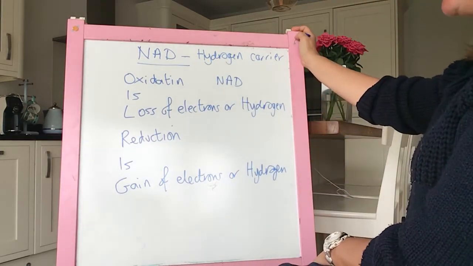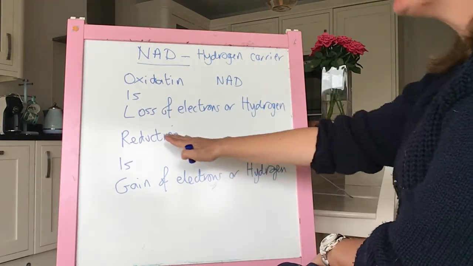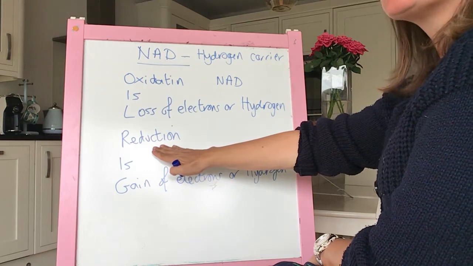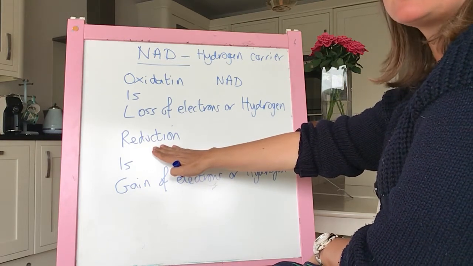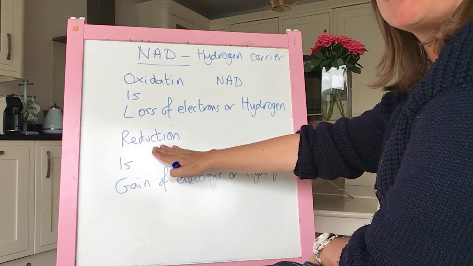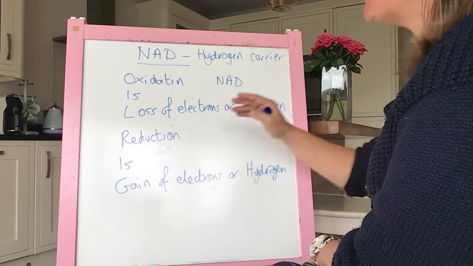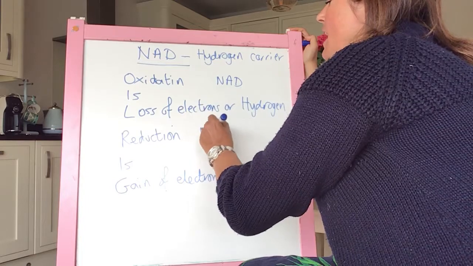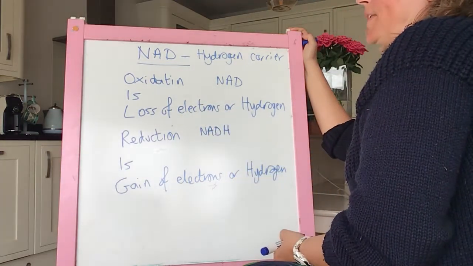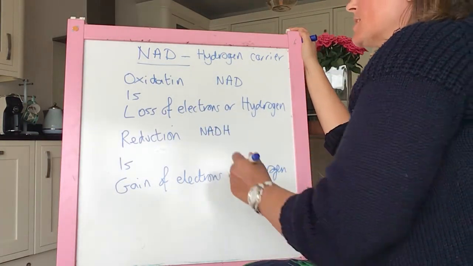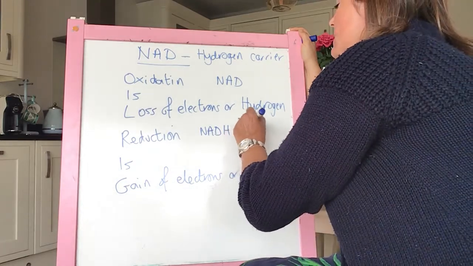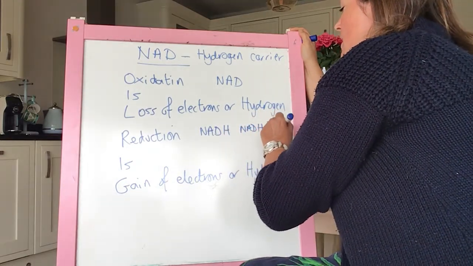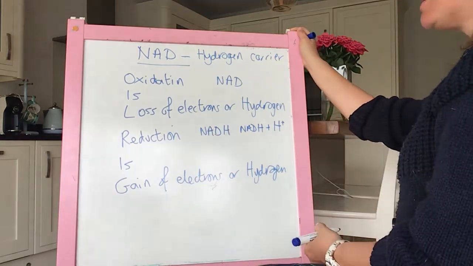All right? When NAD has been reduced, it has got hydrogen attached to it. It has gained hydrogen. So then we either say that it is NADH, all right? Or sometimes you'll see it written down as NADH plus H plus, all right?